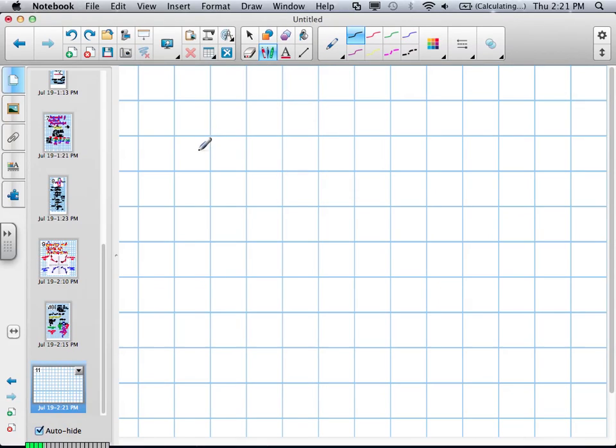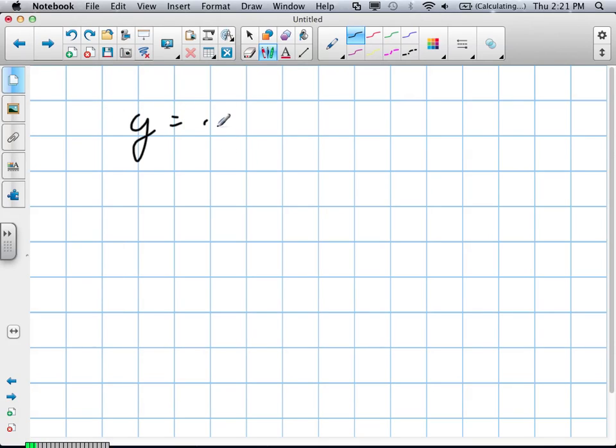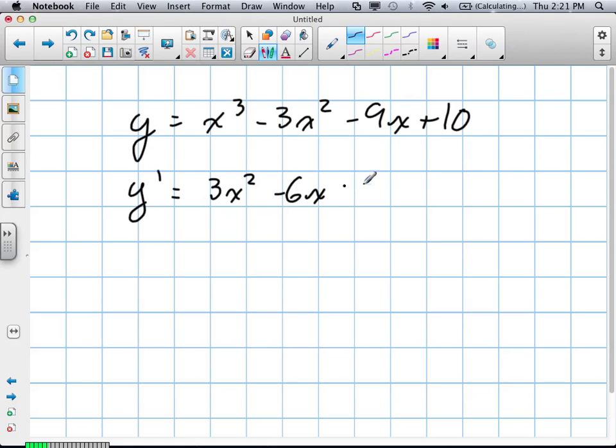Okay. Our original function was y equals x cubed minus 3x squared minus 9x plus 10. Okay. We derived the function, so y prime, and we got 3x squared minus 6x minus 9. And then our double derivative of the function was 6x minus 6. Great. Critical points.